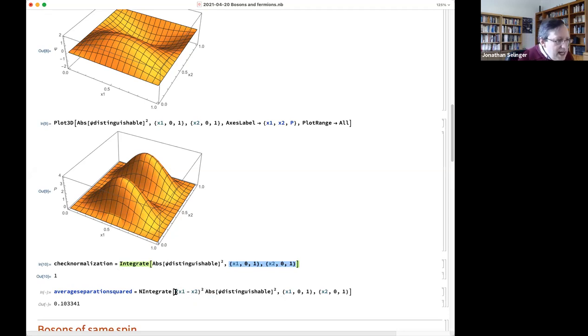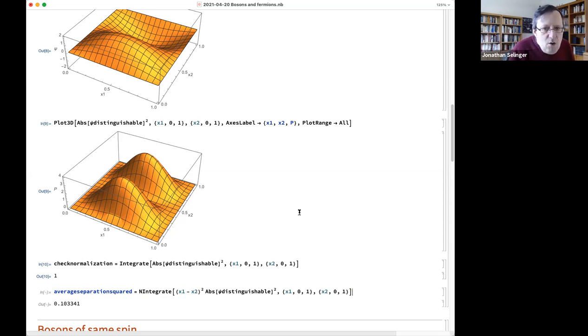Well, we can take the average of x1 minus x2 squared. It's a perfectly reasonable thing to average. That's just like all the big calculation I was just doing. So if we take that quantity times the probability and integrate it over all x1 and x2, we get a number, 0.1. So it's a specific prediction for how far apart the particles are in this state.